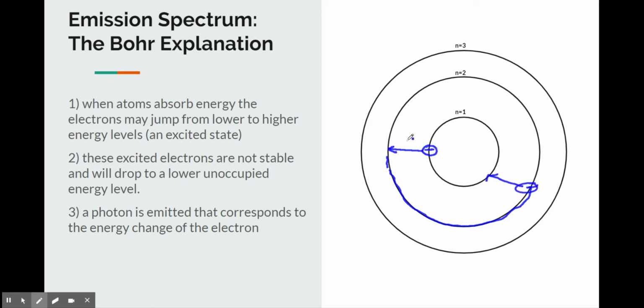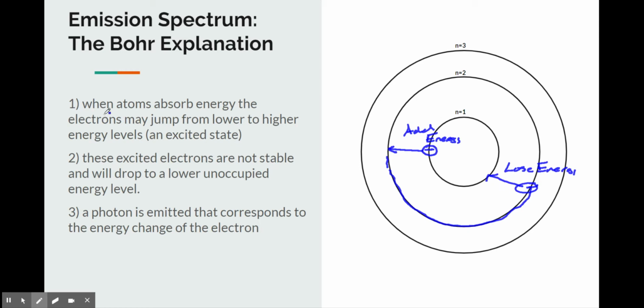To make this jump up, we had to add energy. We added energy by using that voltage so that the electron could jump up to this higher energy level. Well, when it jumps down, it has to lose energy. And the loss of energy that occurs is given off in the form of a photon of light.